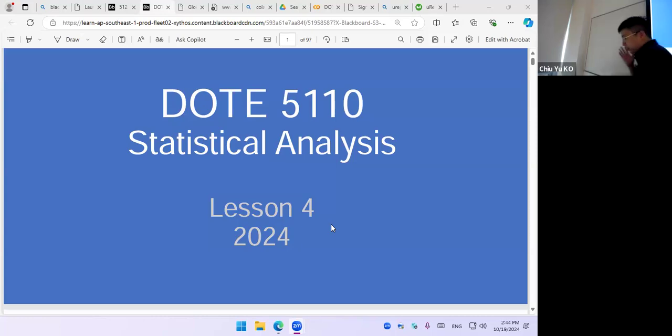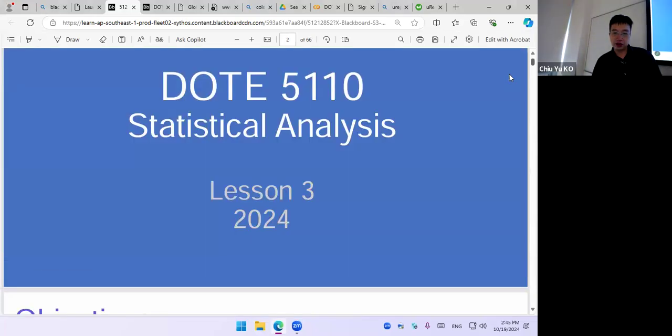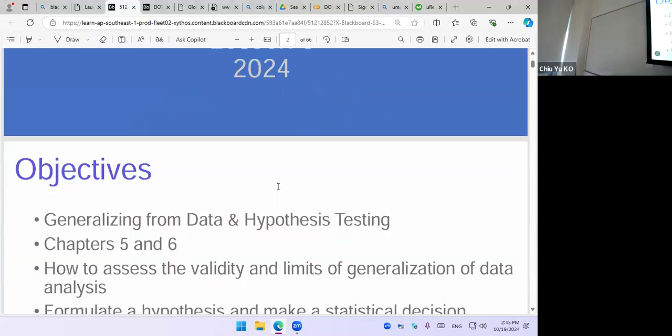And after that, lesson 3, which we covered 2 weeks ago, is about the idea of how you can extend the knowledge from the data, about 2 things. One is estimation, the other is hypothesis testing. Estimation means that based on the information in the data, you try to extend the knowledge to the area we don't have data on. For example, about the stock market, we look at the past price history to predict future prices.